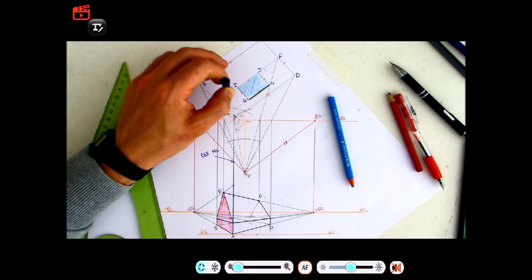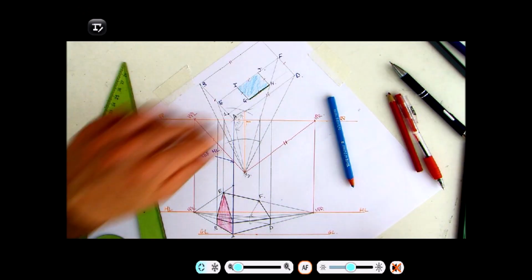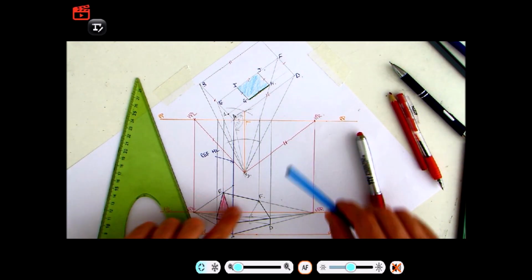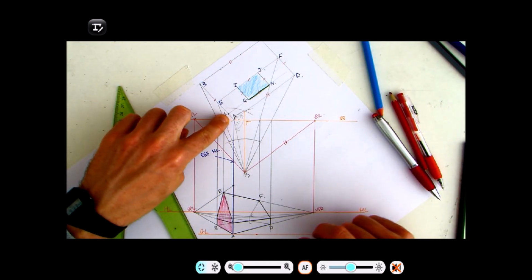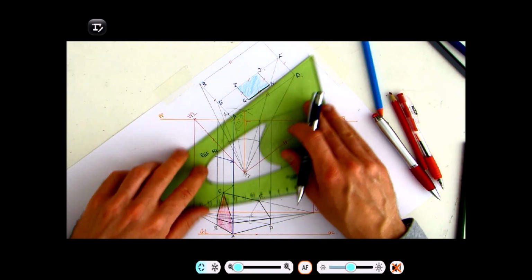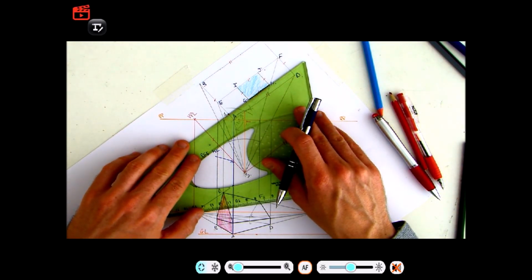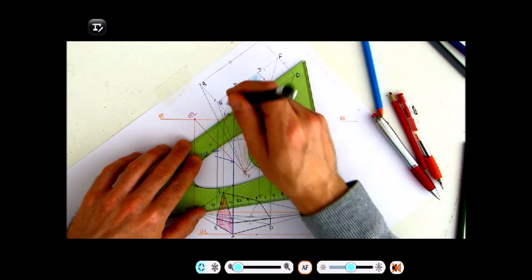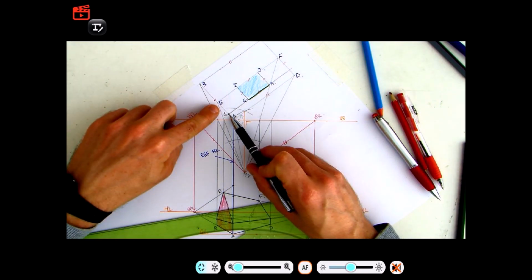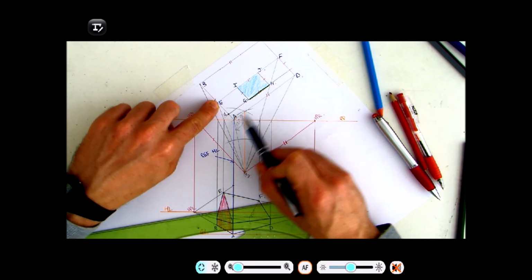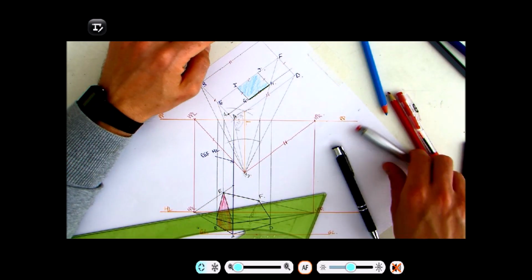So what I'm going to do then is I'm going to take my height of 50, which is here, and I'm going to bring it to point 1. So what I've done here is I've extended GH, I've drawn a line here of GH till it hits, point 1 is on the line AE, and point 2 is on the line DF.